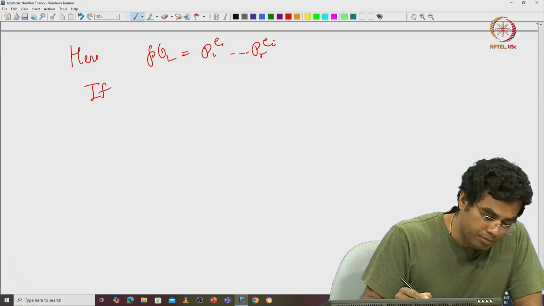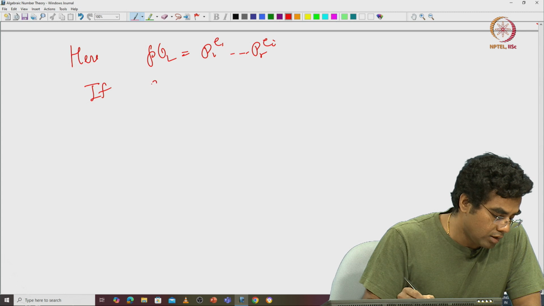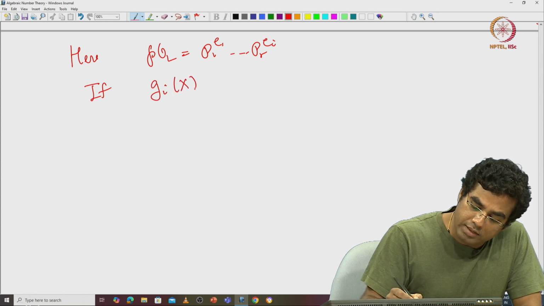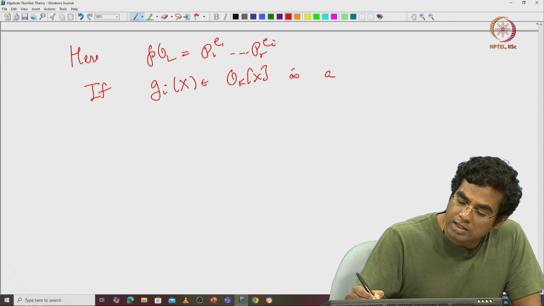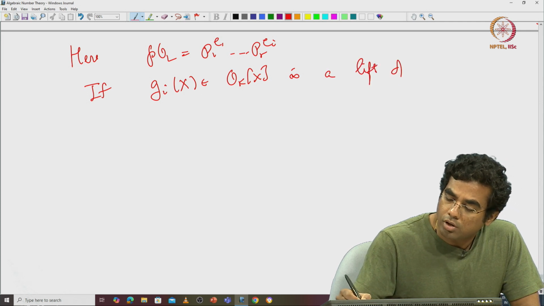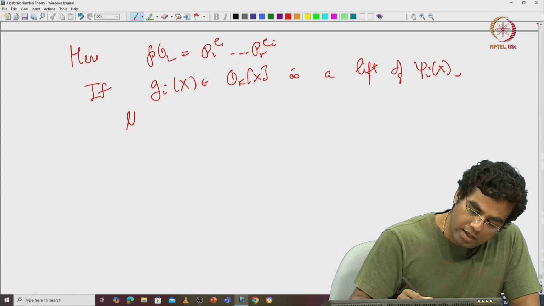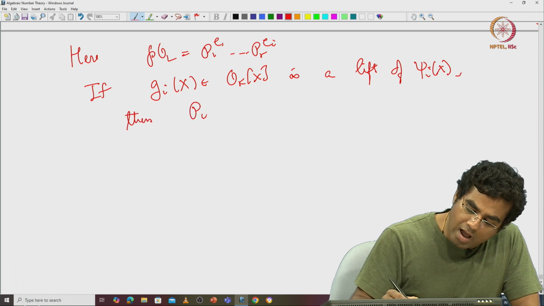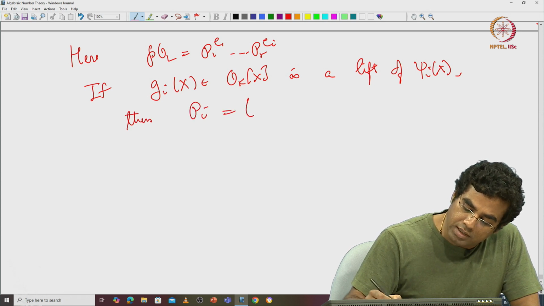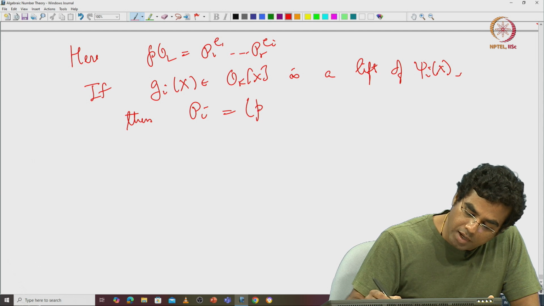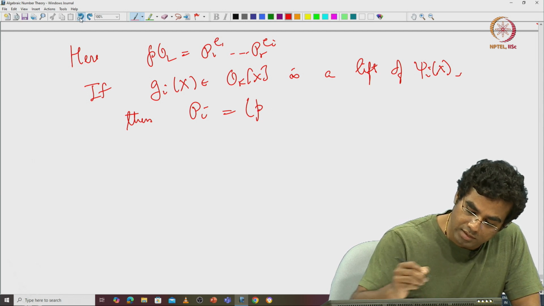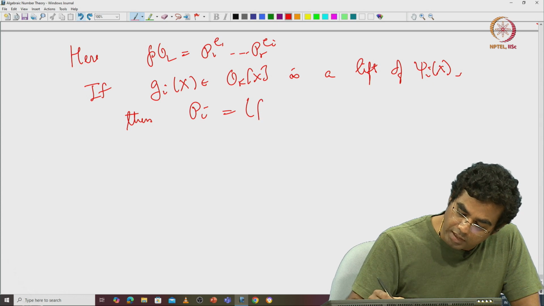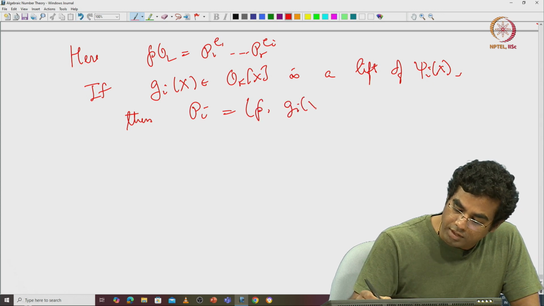If g_i(x) in O_K[x] is a lift of psi_i(x), then P_i is simply the prime ideal generated by the script P and g_i(x).